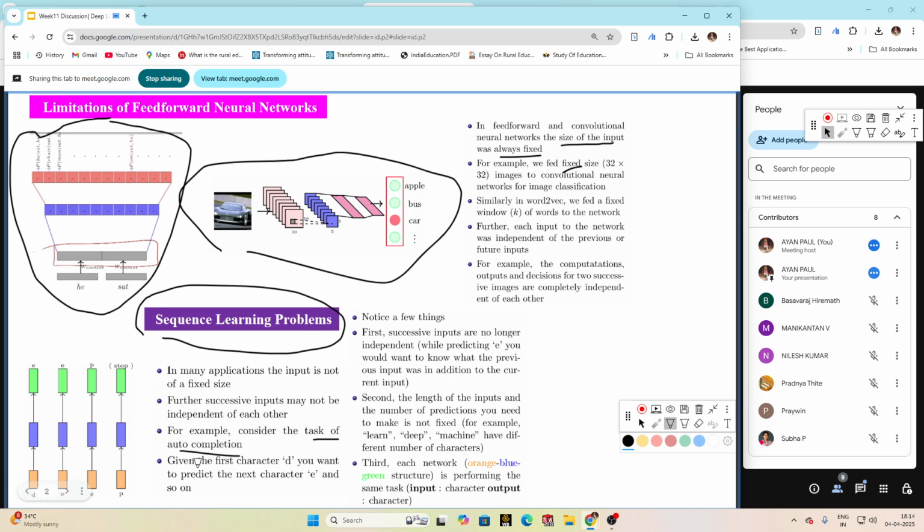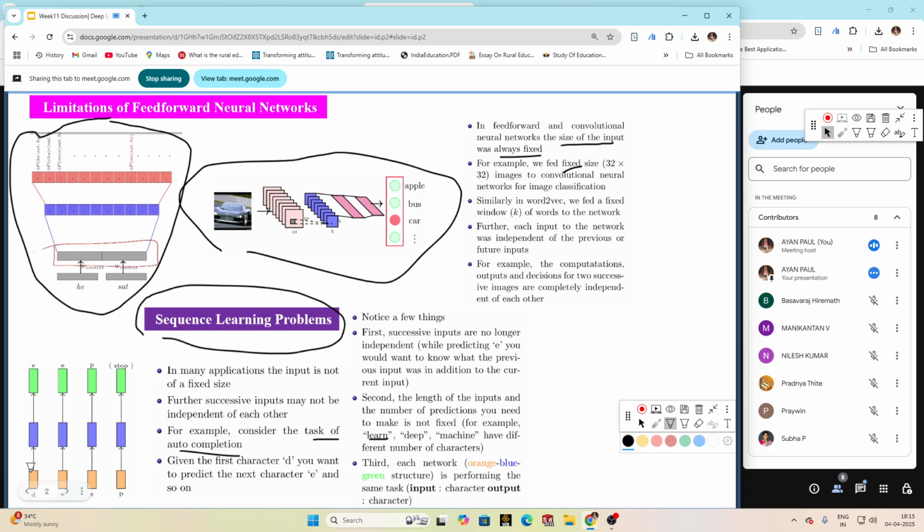The words are of different sizes: deep has letters of size 4, but when you write another word like learn or machine, the size will be different. Also, when you feed D and then E, this E is dependent on D, right?